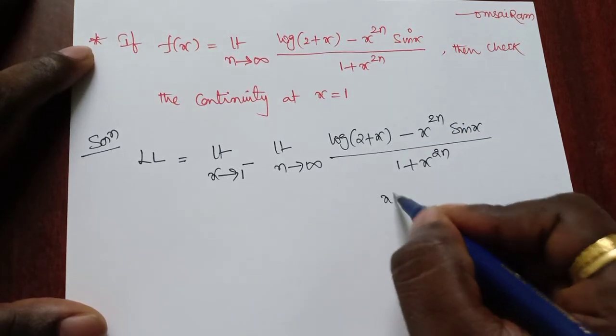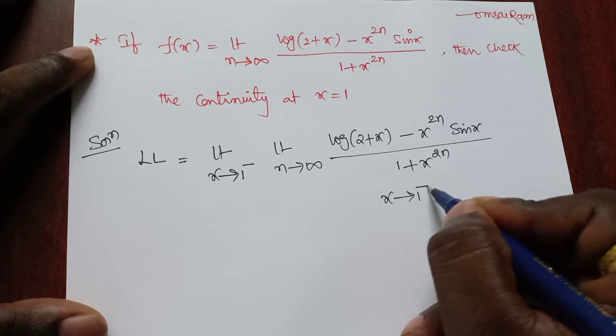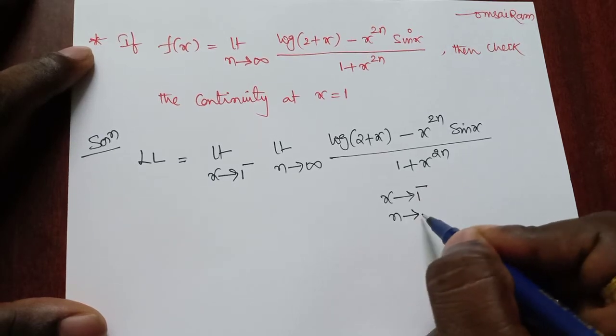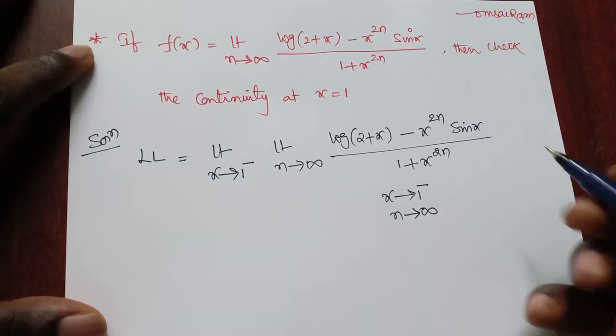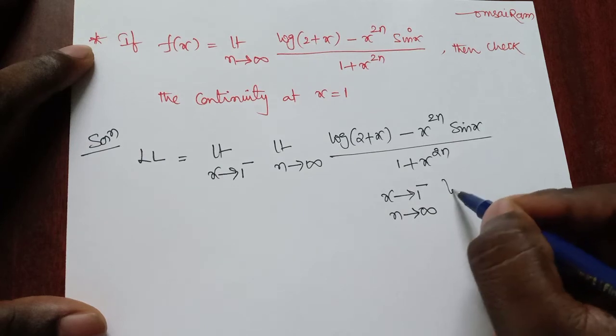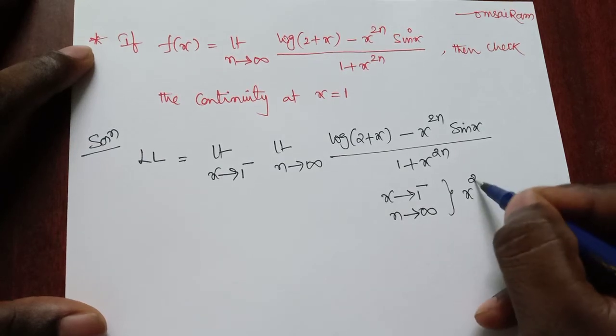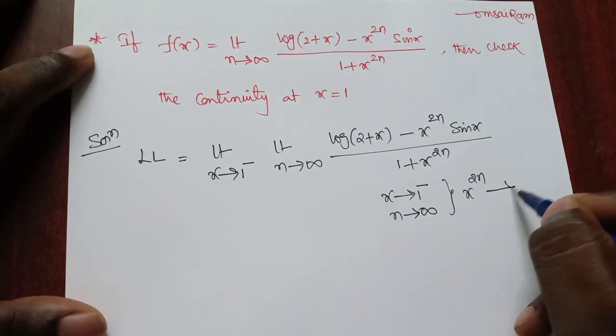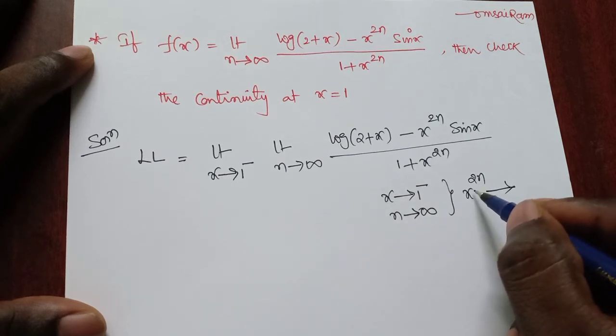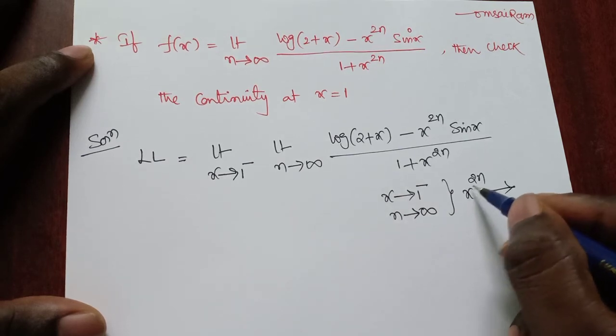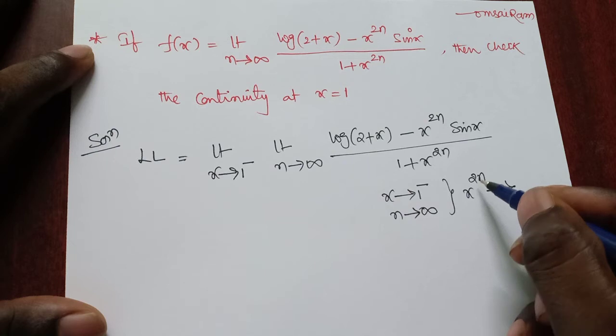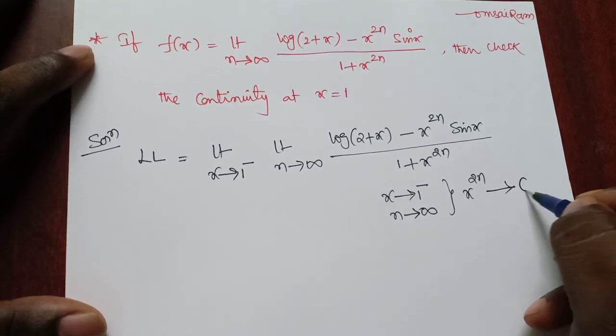Clearly x approaches 1 minus and n tends to infinity. By using these two, x power 2n approaches a fractional value, 0.99 and so on, to the power of a very big number, which leads to 0.